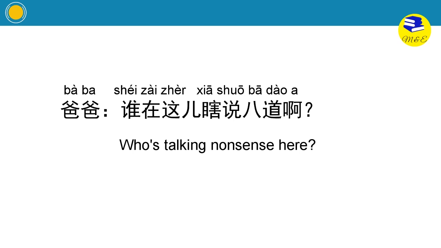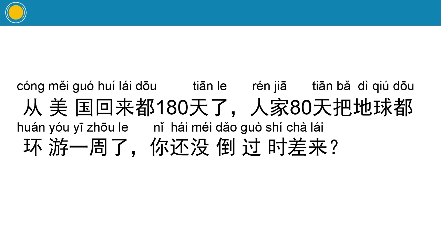Yes, you can also say 胡说八道. 谁在这儿胡说八道啊? They are the same. 胡说八道 and 瞎说八道 mean you talk nonsense. This expression is used a lot in Chinese. Yes, that's a pretty useful phrase. Okay, so what's next? Oh, so complicated. Yes, let's see.